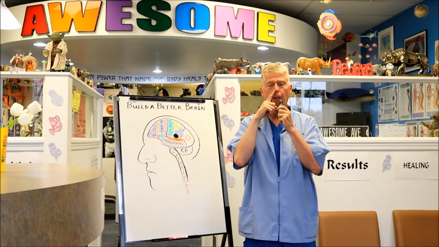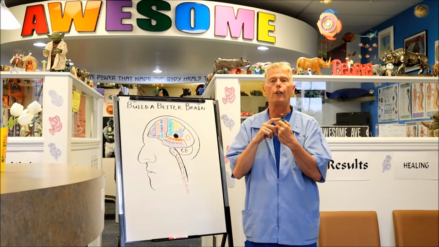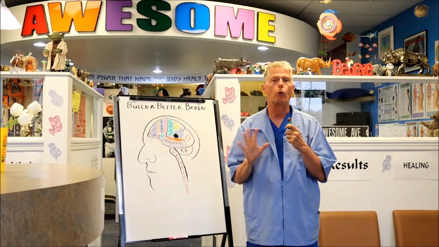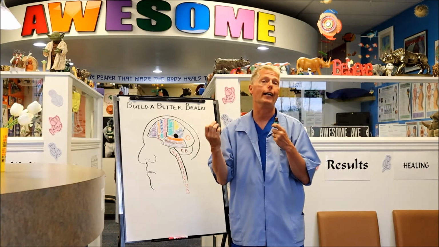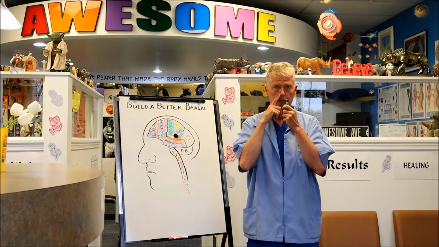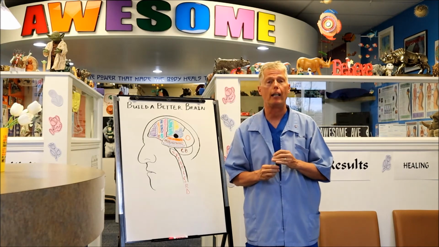You can talk to somebody and they'll say different smells for different things. That's not what we're trying to do here. We're just trying to smell something you like. I like peppermint. And that just smells great. And so that stimulates my left temporal lobe.